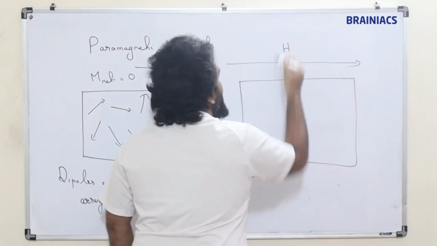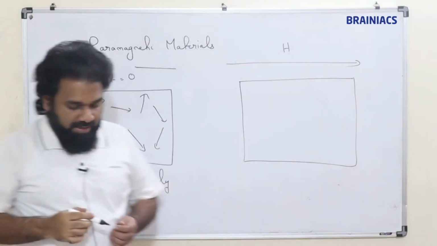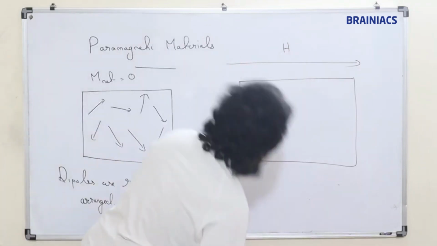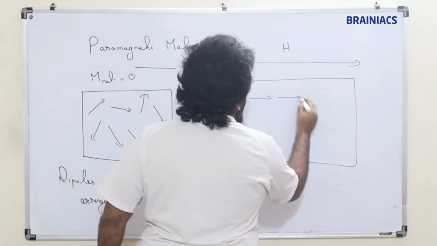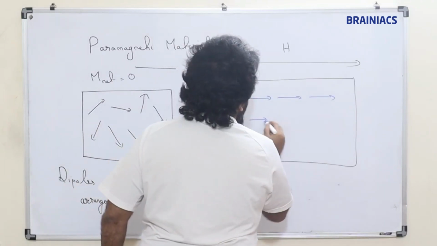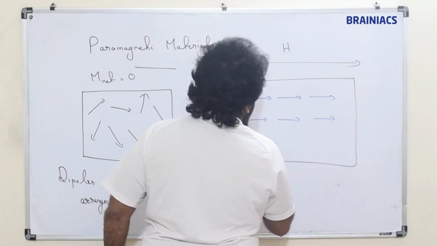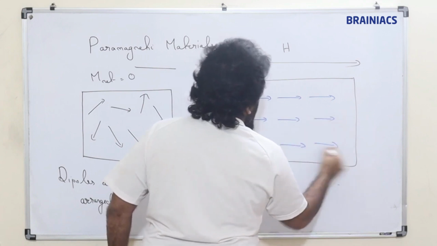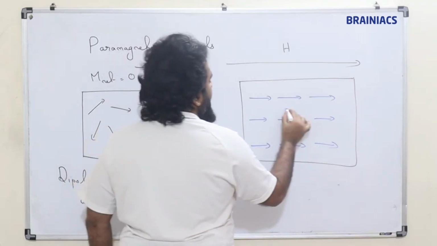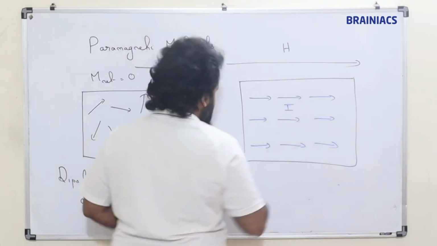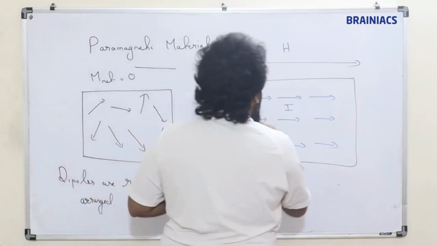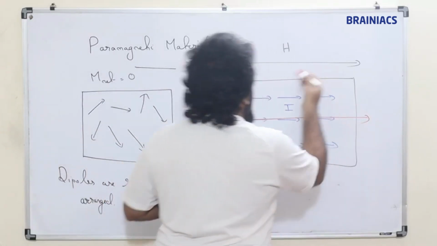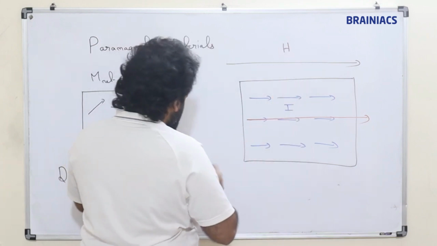All these magnetic dipoles will align in the direction of the magnetic field, and which will contribute what? There will be formation of I in the same direction. So H is also there, I is also there.